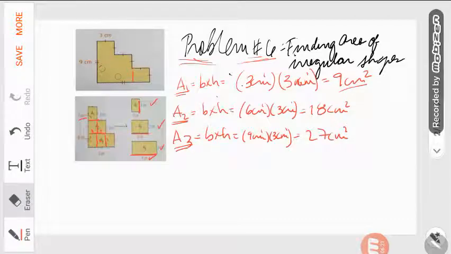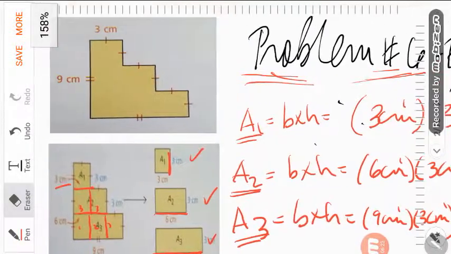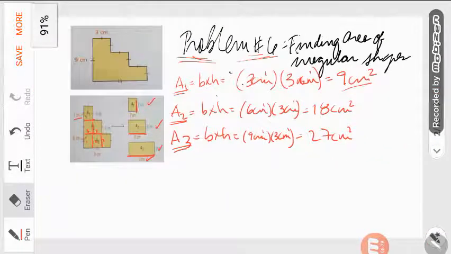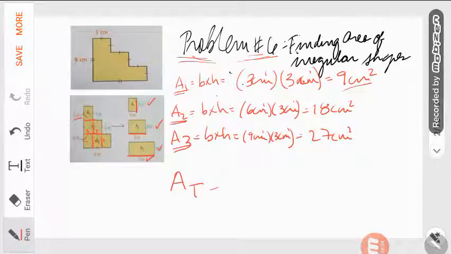What we just did was calculate each area independently, but this is really only one figure. So now we have to give the total area. Let's call it A with a lower T for total.